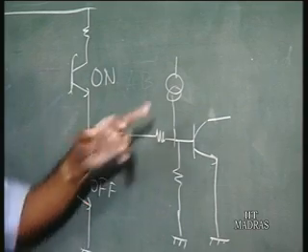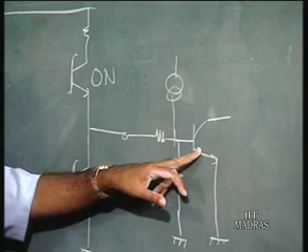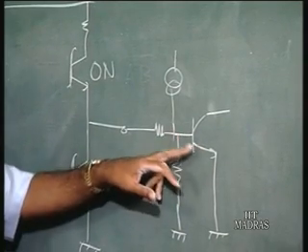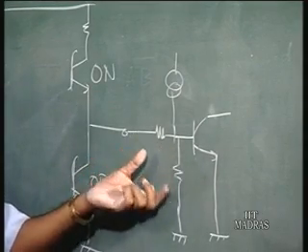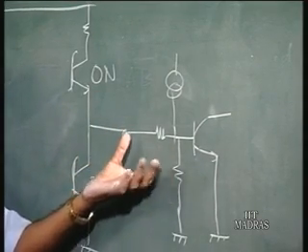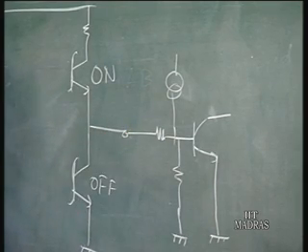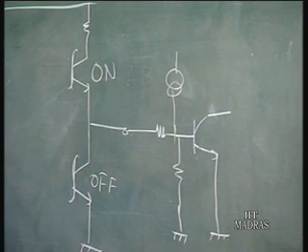So whatever current source is here, this current is going to flow into this transistor and turn it on. One has to choose proper resistance values depending on the voltages. So basically you have a circuit like this at the input, which can be used to interface the TTL with the I squared L.